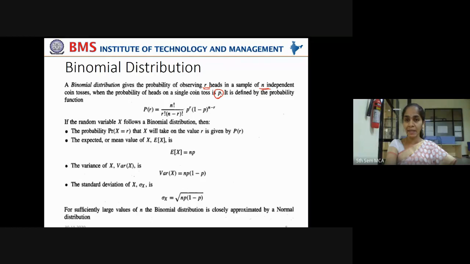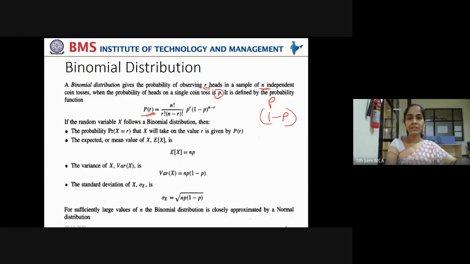If you are taking that as P, then it is defined by the probability function P(r), that is the probability of observing r heads out of n coin tosses when P is the probability of observing the head and 1 minus P is the probability of not observing the head. Okay, you know this according to the probability definition. P is the occurrence of the event and 1 minus P is the non-occurrence of the event, right?